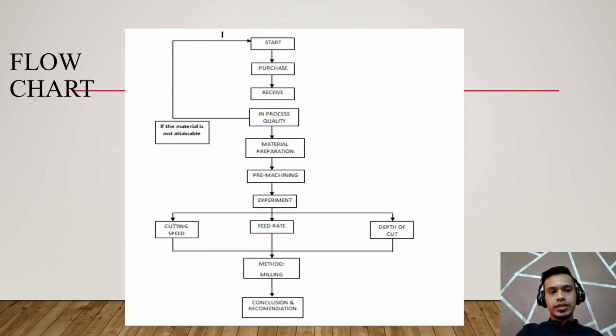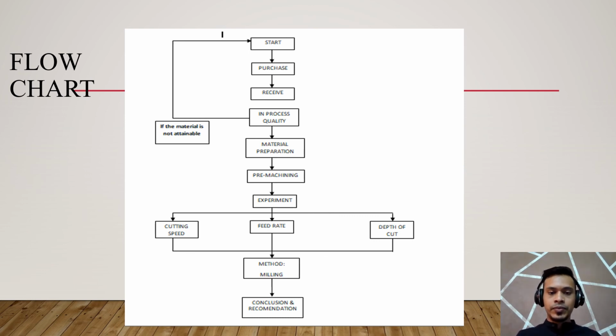As you can see, this is the flow chart where we have to purchase and then receive the material, and if it's not good, we have to start all over again until we are satisfied with the product. If we are satisfied with the product, we prepare the material, and then do pre-machining, and then experiment in three categories where cutting speed, feed rate, and depth of cut are involved.